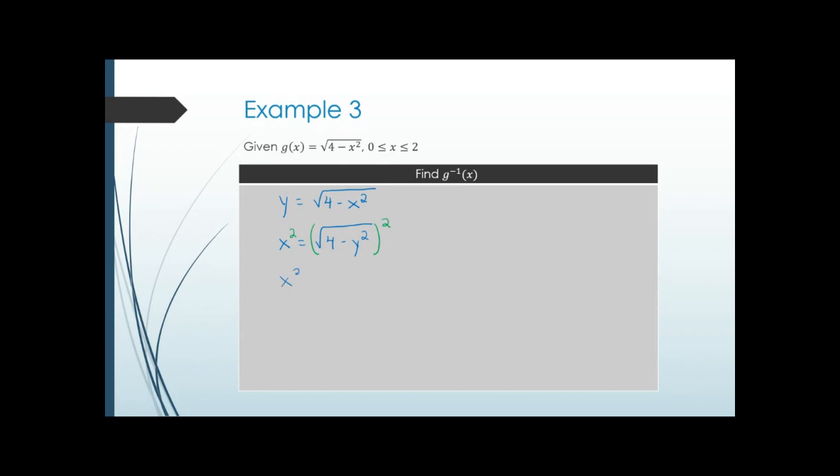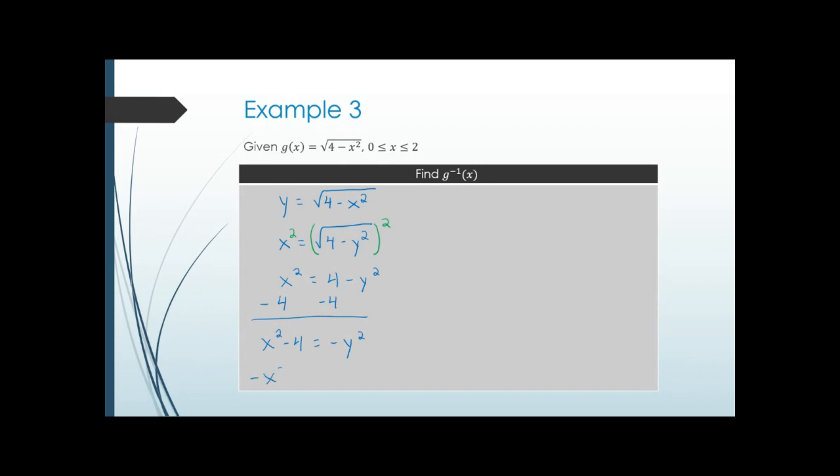So that gives me x squared equals 4 minus y squared. So I need to get the y by itself. So I'm going to subtract 4, which gives me x squared minus 4 equals negative y squared. Now I need to divide both sides by negative 1 to get just y squared.